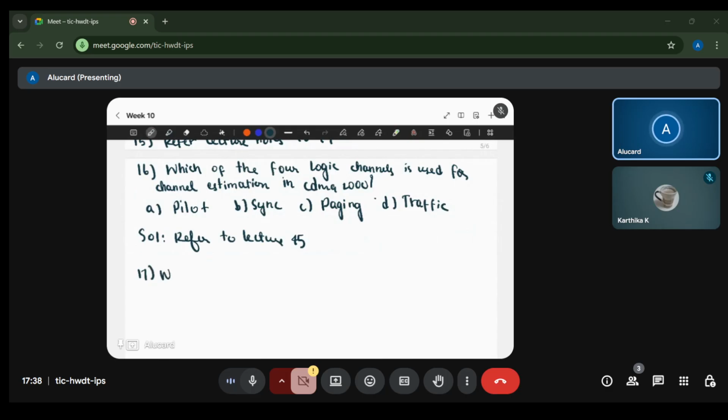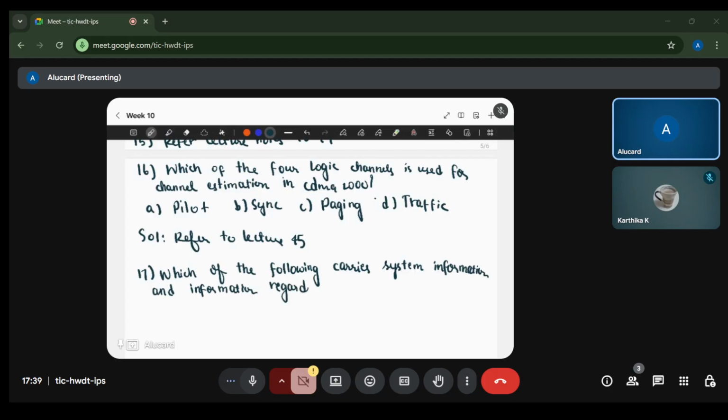And which of the following carries system information and information regarding PN sequences in CDMA 2000?